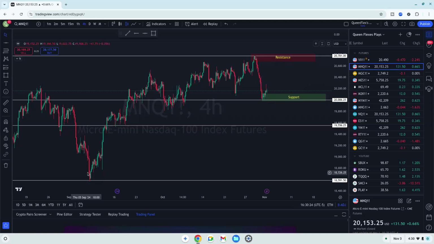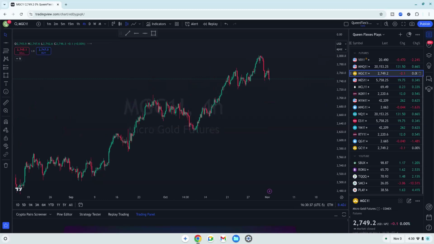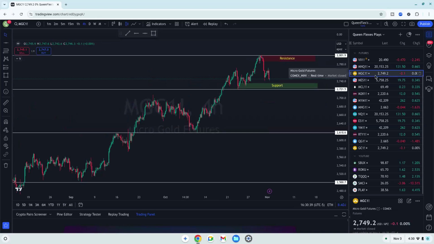If you see it falling down, even though your bias is bullish, then guess what? Play it short. Play what you see, not what you want it to do or what you think it's going to do. Here is gold. Same thing. Overall, if we're looking at this from a bigger bias, this is an uptrend, yes. But just because it's in an uptrend doesn't mean that it won't pull back on us. So play careful.